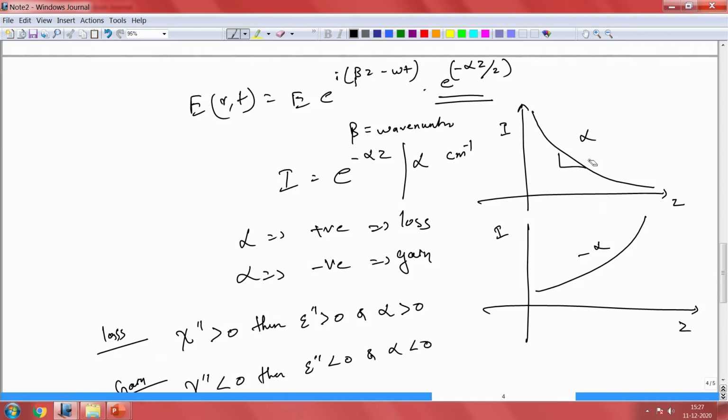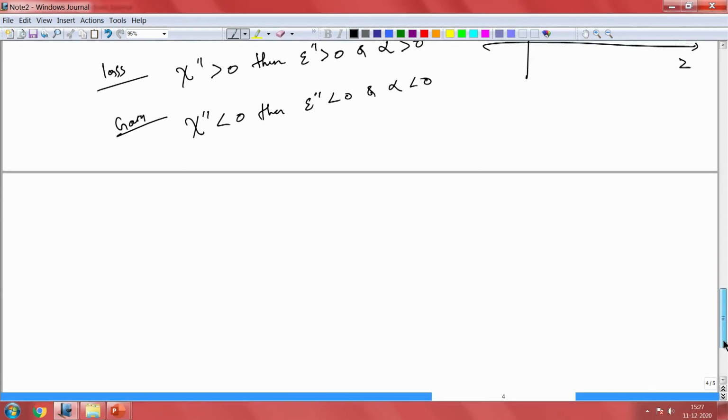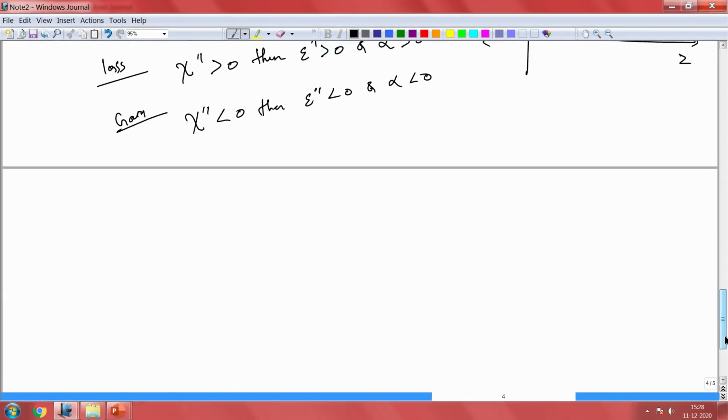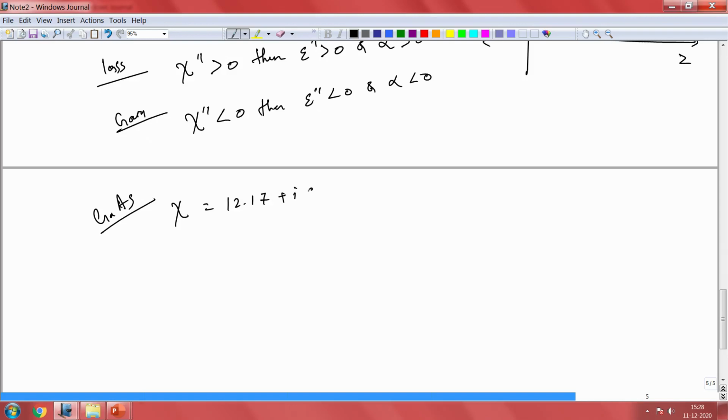Let's say you want to create a detector, and the material has a certain susceptibility. Let's say I take gallium arsenide as a compound semiconductor, and this is my complex refractive index, let's say, 12.17 plus i 0.49. Now immediately you know this is your susceptibility, and now we need to convert this into a refractive index.